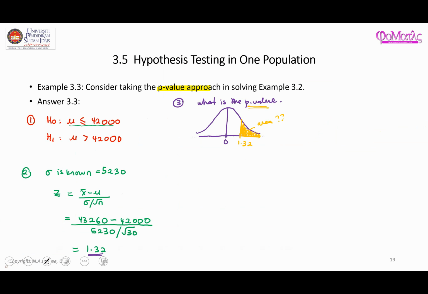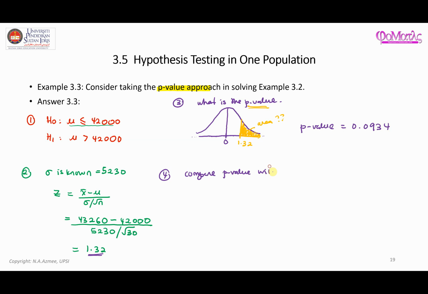Based on that, the p-value is equal to 0.0934. Now on the fourth step, we are going to compare the p-value with the alpha value. Alpha is the significance level.